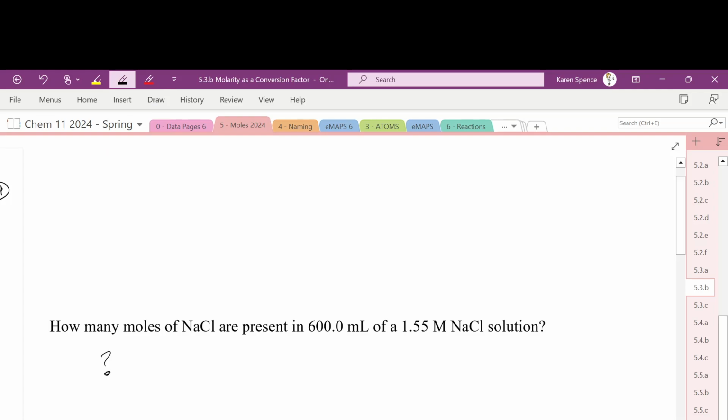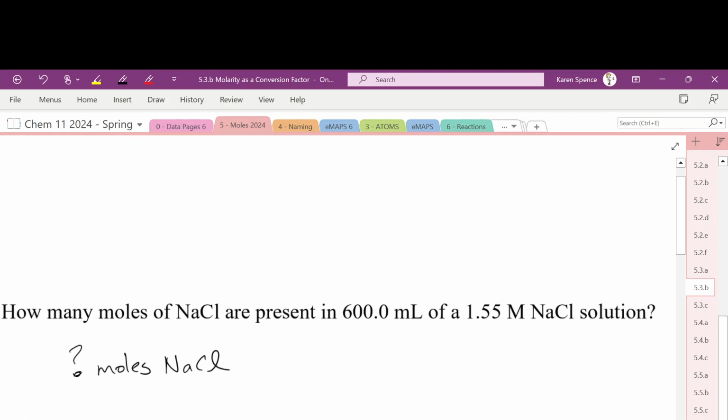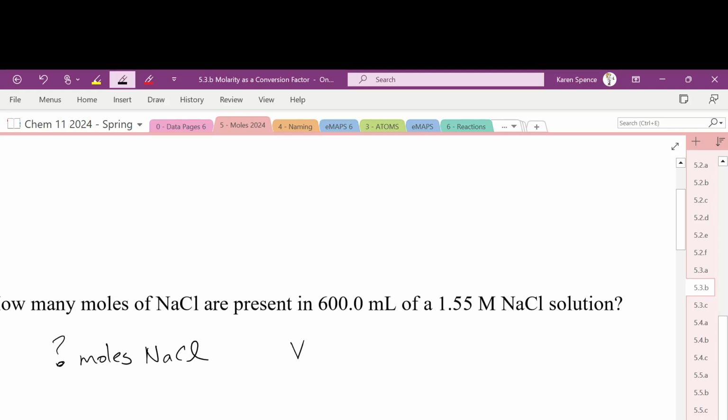We want to know how many moles of NaCl. We are told that our volume is 600 milliliters. And we know that our concentration of NaCl, remember that's how we write it, square brackets, is 1.55 molar.